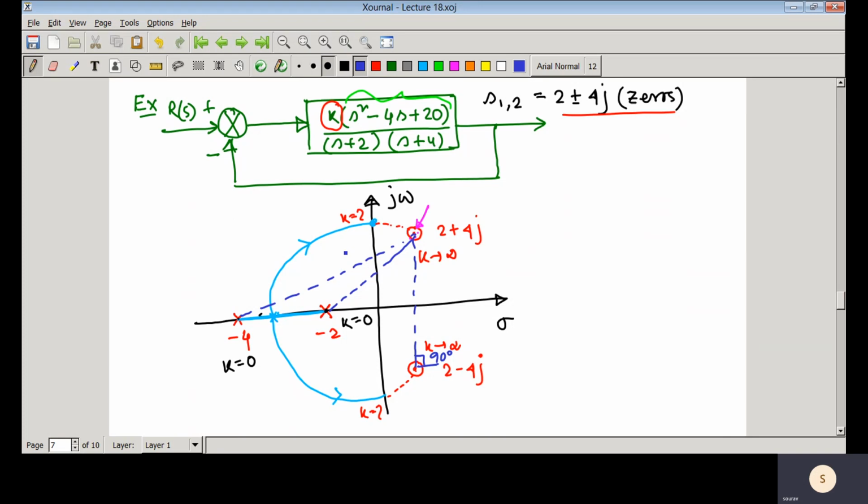And here if we take, say suppose this is theta 1, this is theta 2, then what would be that angle condition? The angle condition is minus theta 1 due to that pole, and minus theta 2 because this is a pole.